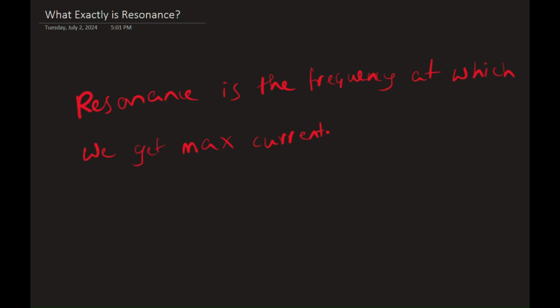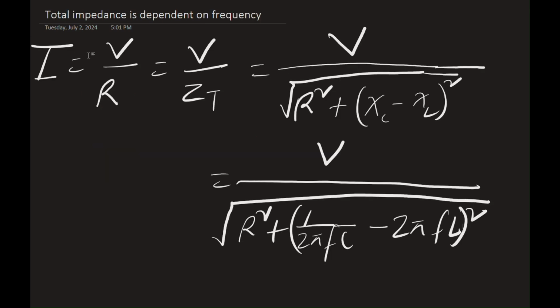Now, thinking in terms of Ohm's law, we know I is equal to V over R, that's Ohm's law. For an AC circuit, it becomes V over ZT. If we further break that down, we have V over the square root of R squared plus (XC minus XL) whole squared, which further breaks down to V over the square root of R squared plus (1 over 2 pi FC minus 2 pi FL) whole squared.